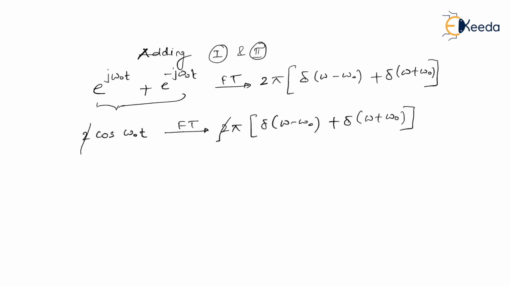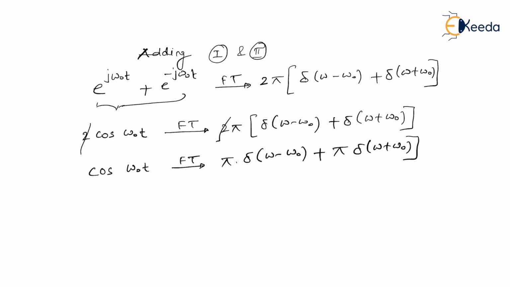So here 2 and 2 I can cancel. Therefore I can write cos of omega naught t has a Fourier transform as pi times del of omega minus omega naught plus pi times del of omega plus omega naught.